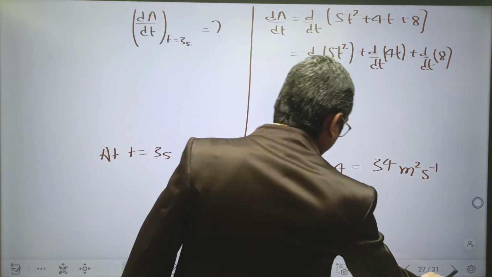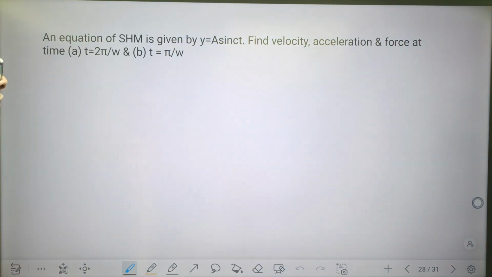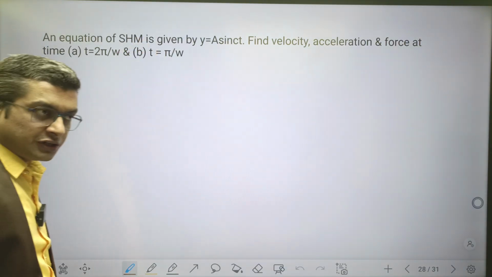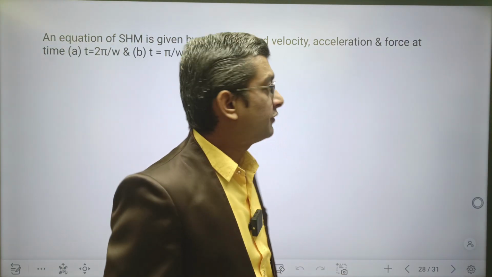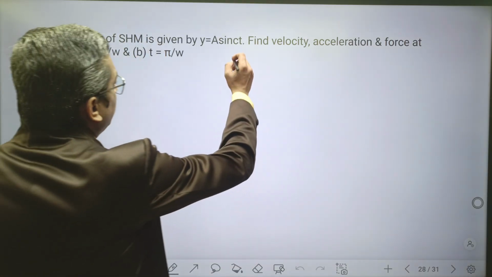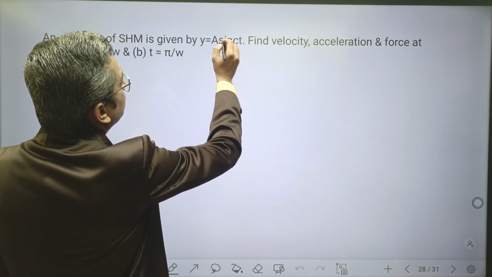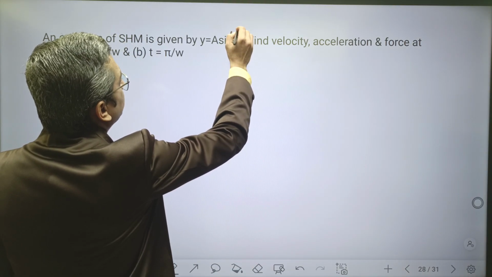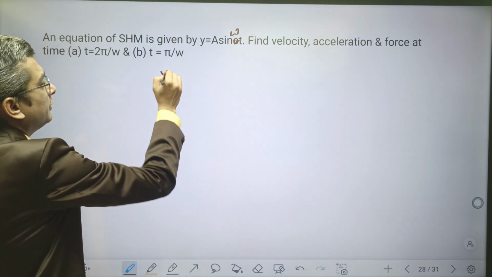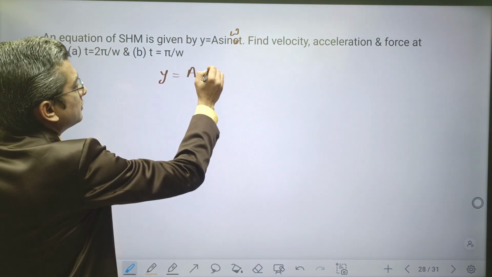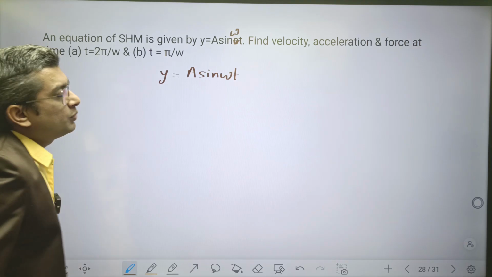Now next, an equation of SHM, that is simple harmonic motion, the second last chapter of class 11, is given by y is equal to a sine omega t. So I am writing here y is equal to a sine omega t. Omega is the angular frequency, t is the time.